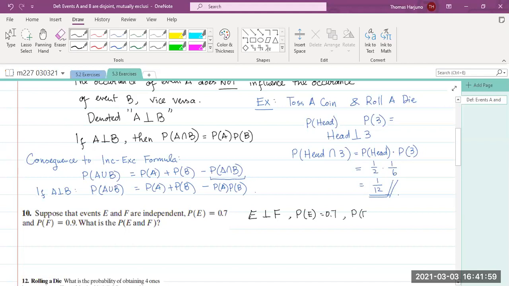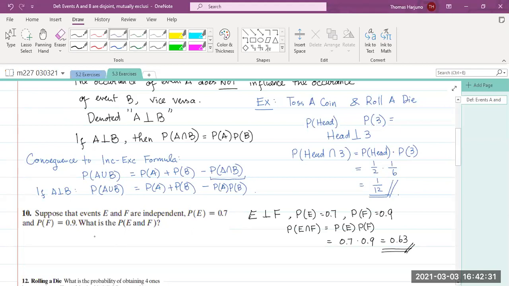Probability of event F is 0.9. What is the probability of the intersection? Probability of E intersect F is probability of event E times probability of event F. That is 0.7 times 0.9. That's 0.63. Okay. That's the probability of the intersection.